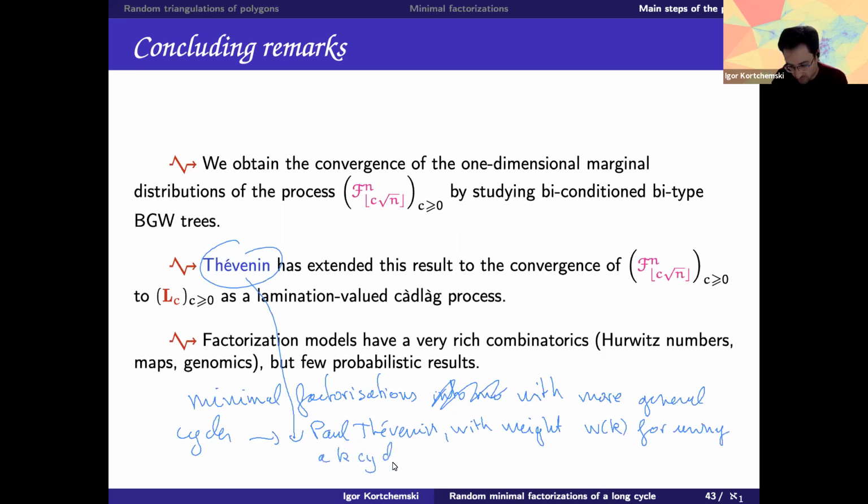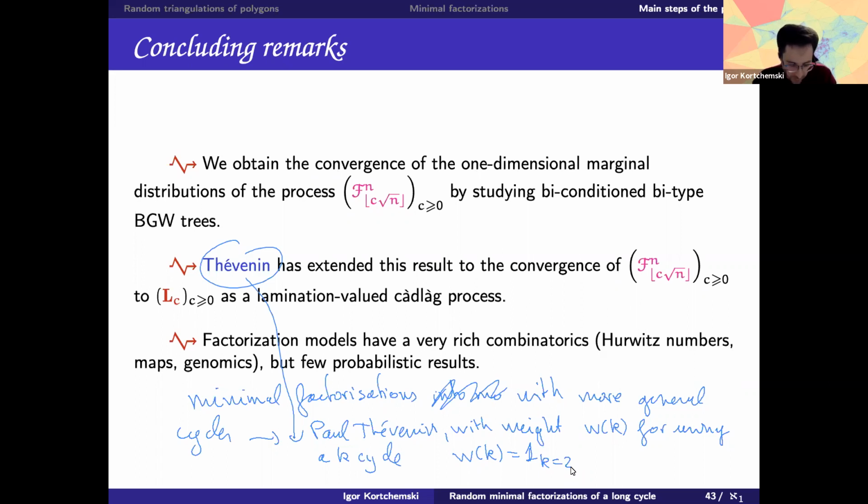For example, the model of minimal factorizations into transpositions amounts to taking the weights to be just the indicator of k equal to 2. So you obtain very general results in this framework.